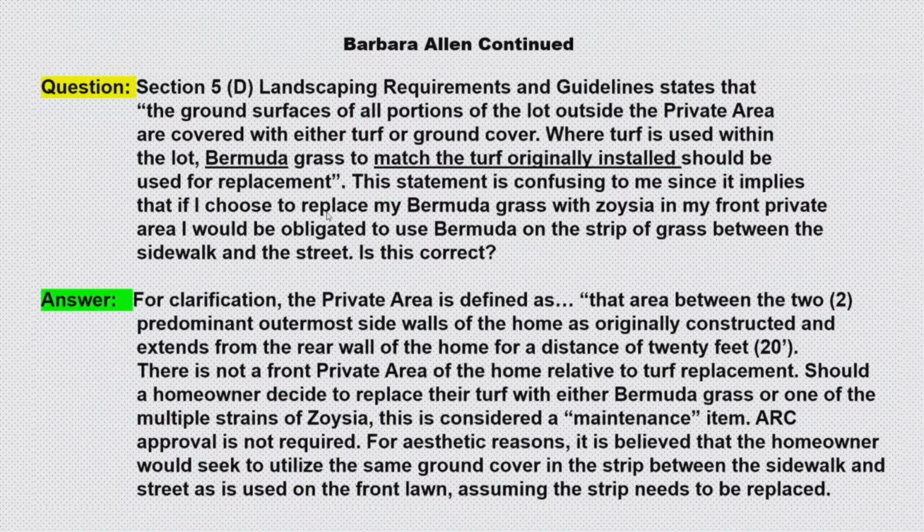Should a homeowner decide to replace their turf with either Bermuda grass or one of the multiple strains of zoysia, this is considered a maintenance item and ARC approval is not required. We believe that the homeowner would seek to put similar grass in if in fact it needed to be replaced. Okay, and next slide, please.